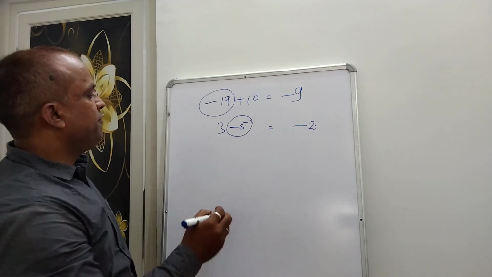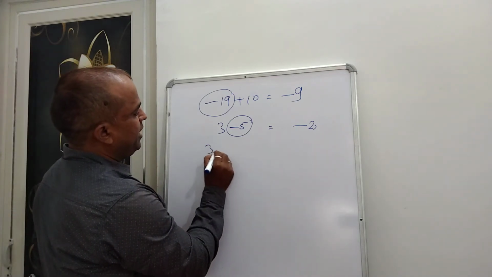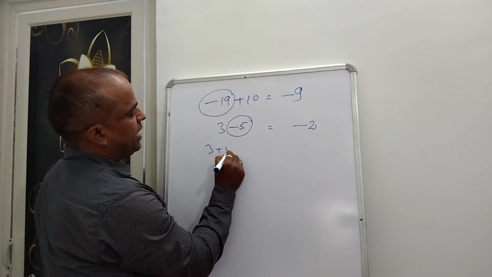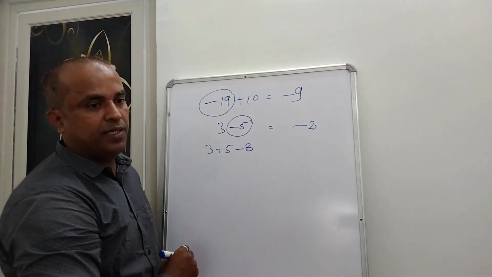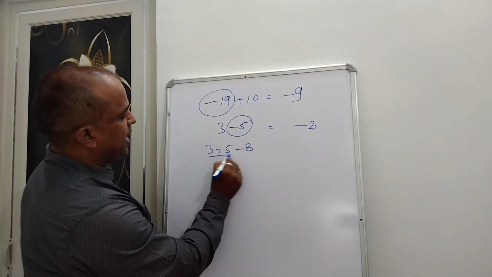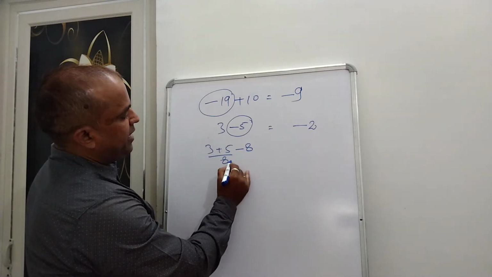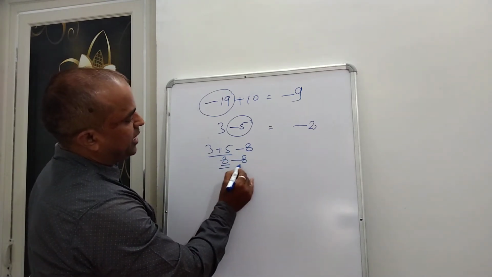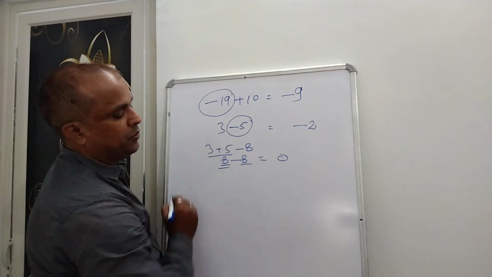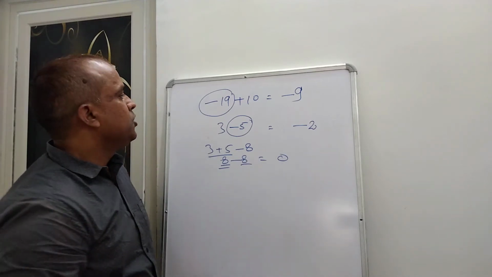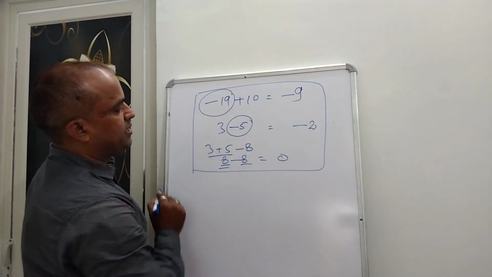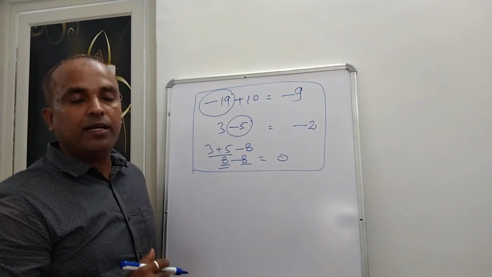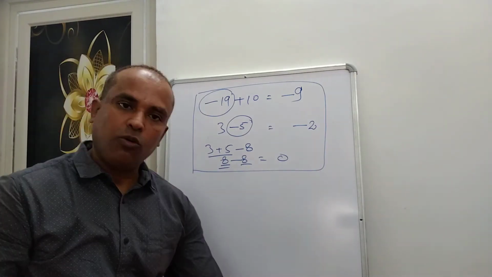No. If 3 plus 5 minus 8, first see 8 minus 8, as both are equal, you subtract, that will be 0. Understand? This is the addition and subtraction concept we remember while solving questions.